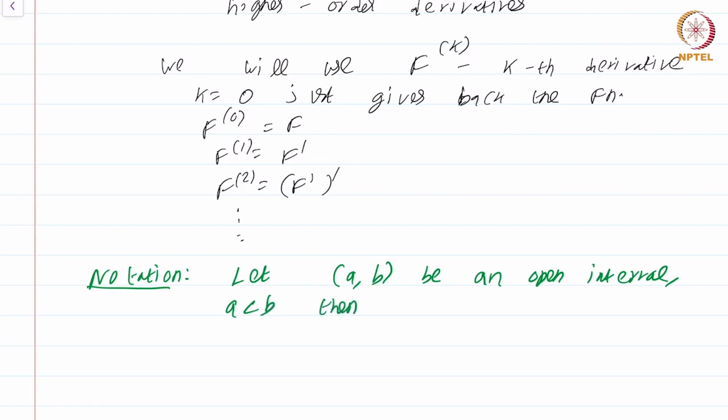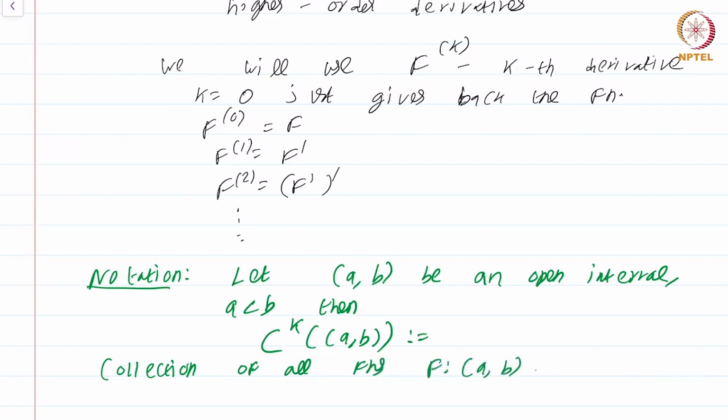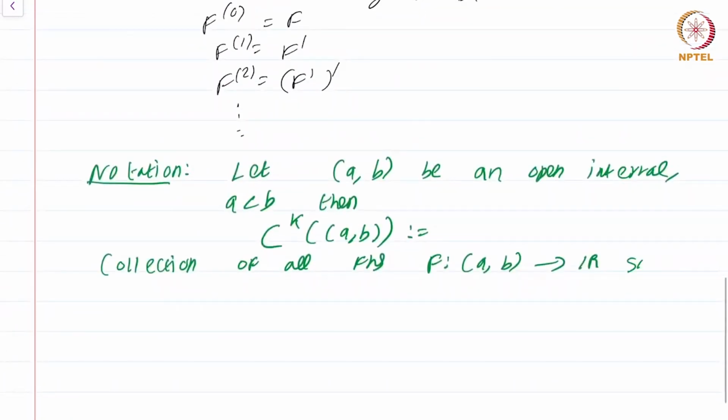Then C^k of (a, b) is defined to be the collection of all functions f from open interval (a, b) to R such that f superscript k exists and f superscript k from (a, b) to R is continuous. This is important.